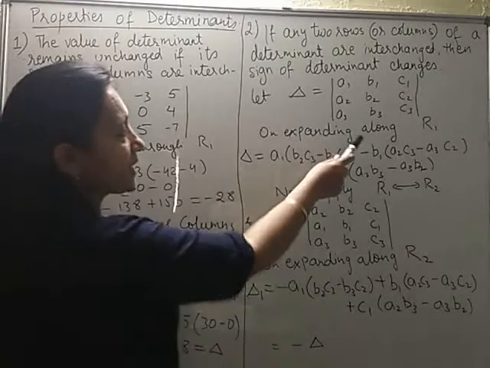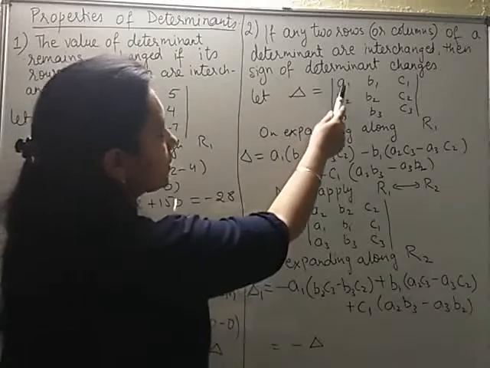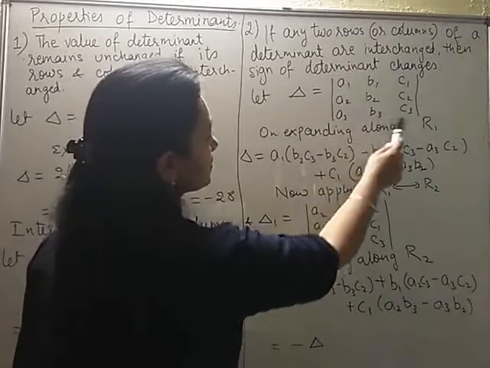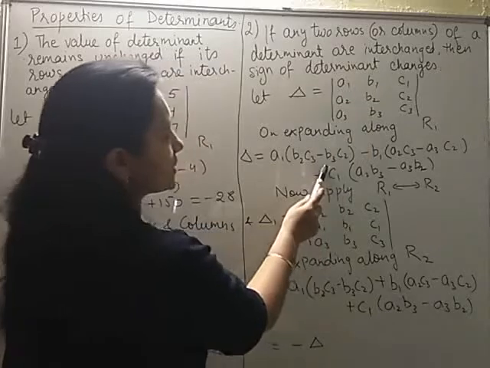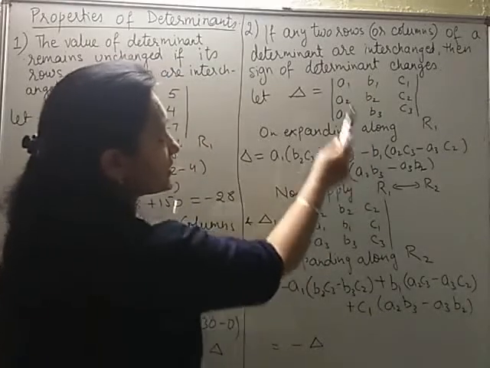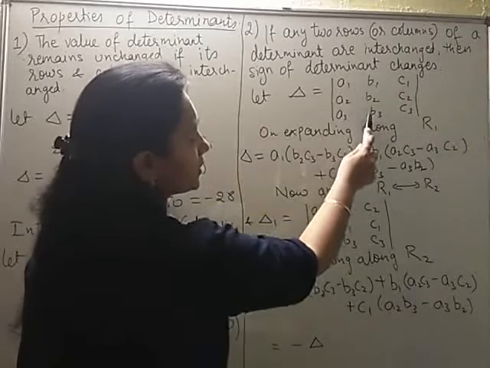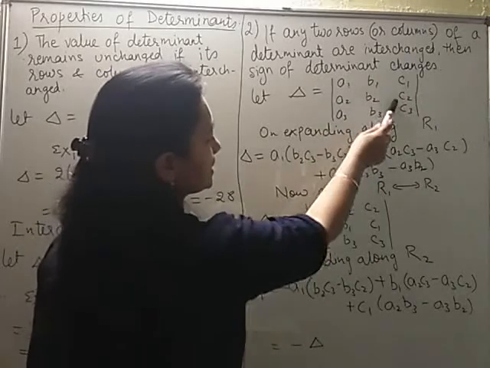You can see I have expanded it along R1 the way we did in the previous one. So A1 multiplies with this minor determinant, which is B2C3 minus B3C2. Then moving on to this, it will multiply with -1. So minus B1, hiding its row and column, we get A2C3 minus A3C2.